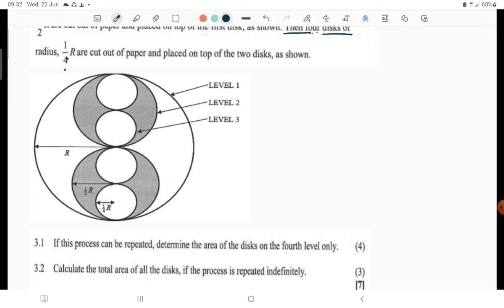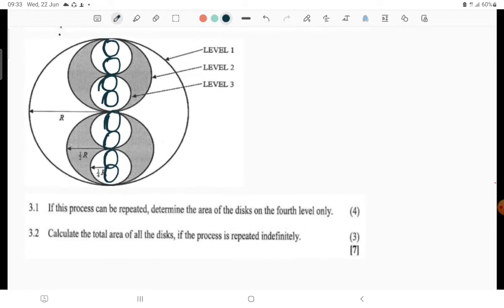So we can just think of having discs here, and also this one and that one, and this one and that one. It makes sense because you can see that each disc has two discs placed on top of it. So this disc is going to have two of them, this disc is going to have two of them, etc.